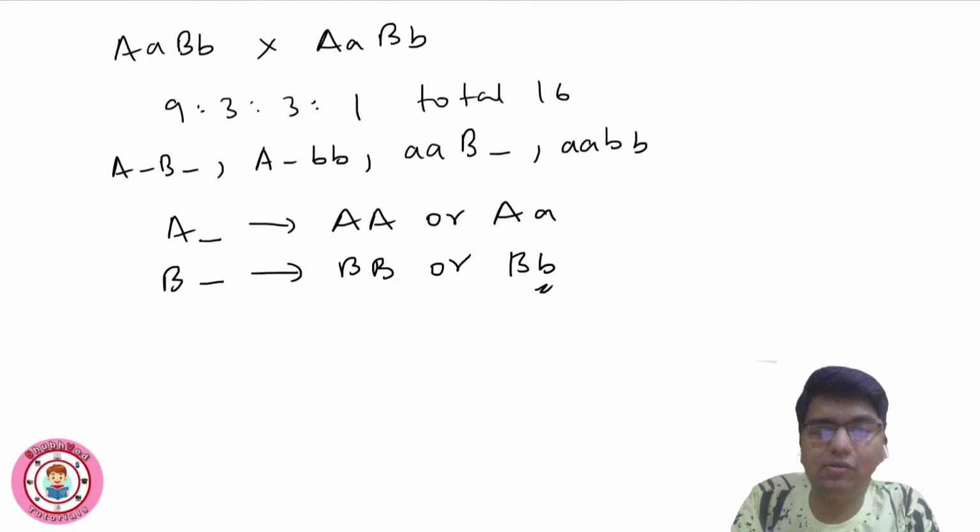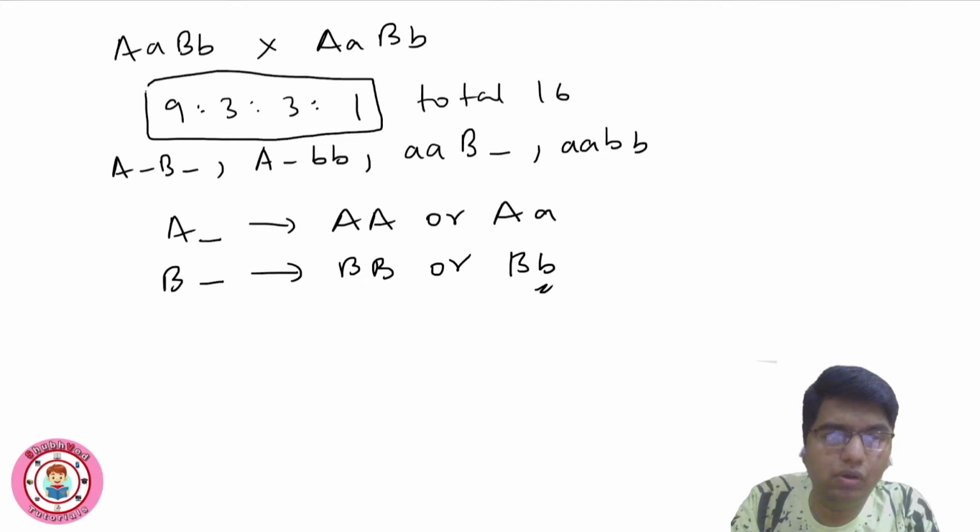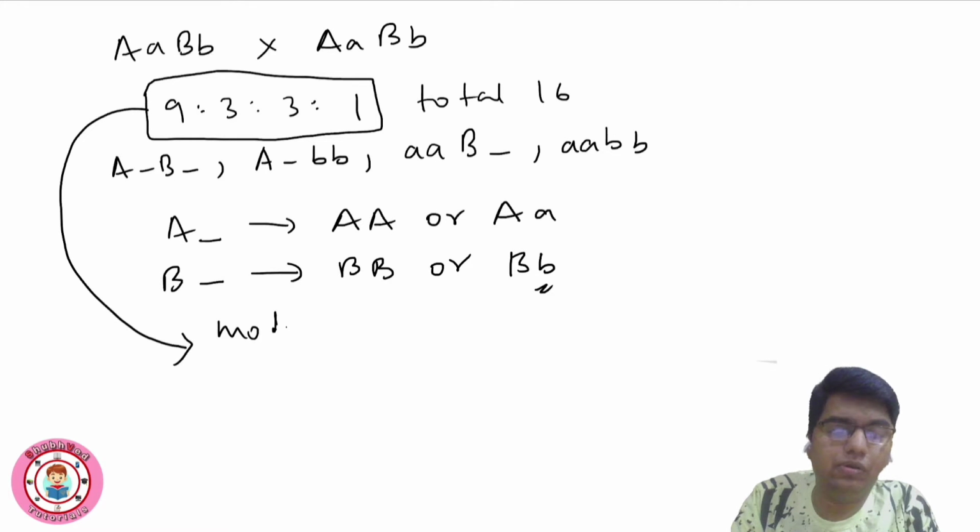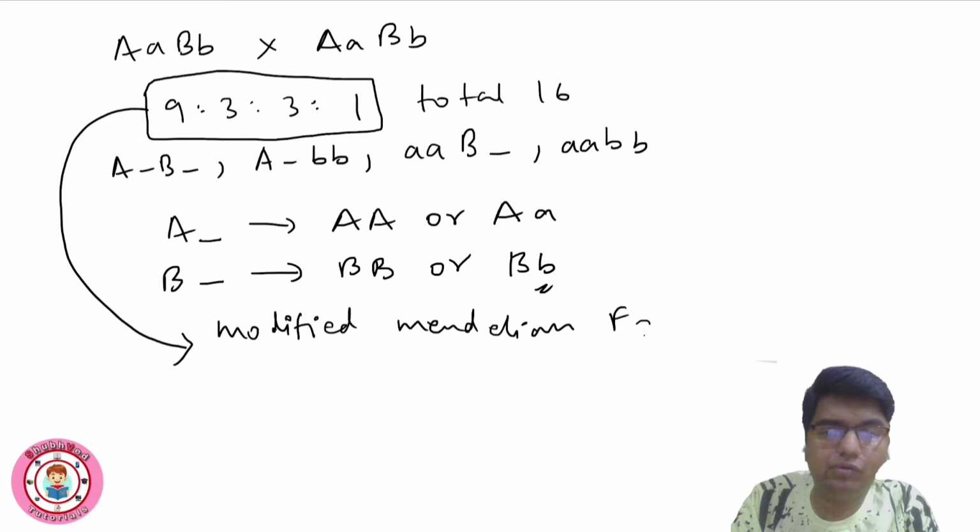Now in epistasis or gene interaction, we see an extension or modification. This ratio is modified. That we'll see in the epistasis: the modified Mendelian phenotypic ratio.